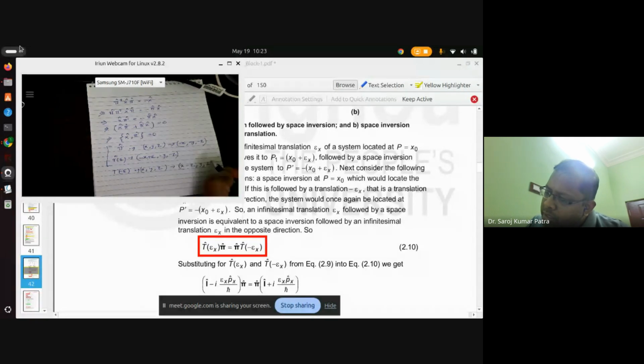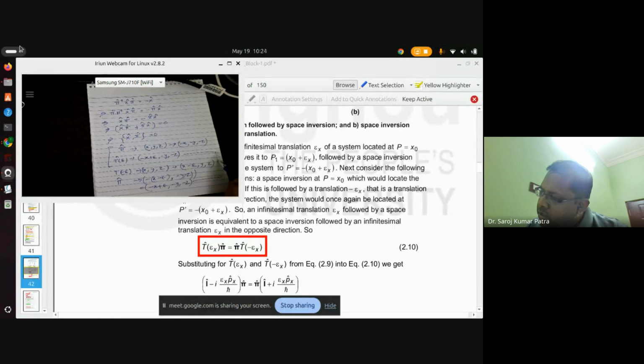And after that I operated pi, so what will happen? This one will become minus of x minus epsilon, minus y, minus z. So this is nothing but minus x plus epsilon, minus y, minus z, right? So this one and this one are becoming the same.